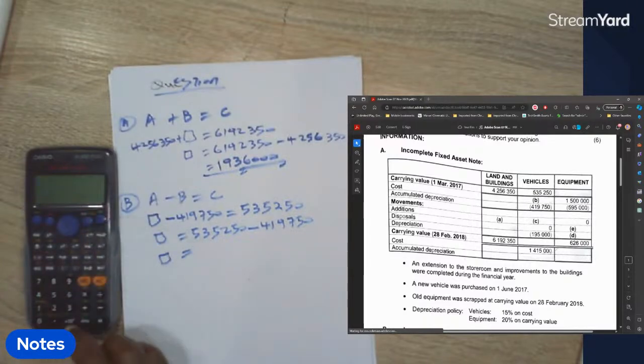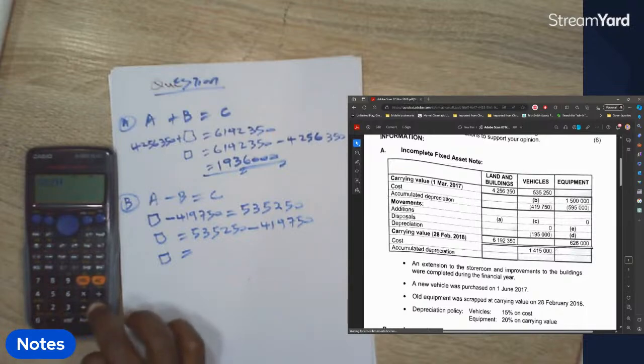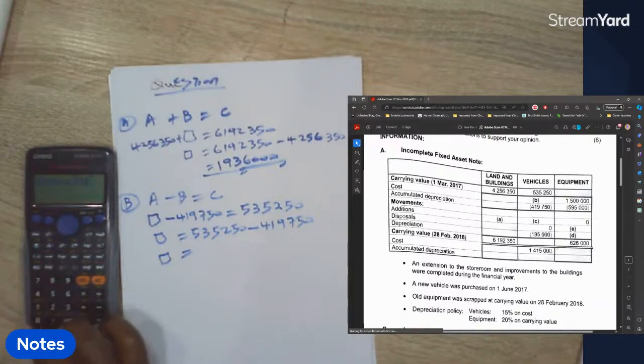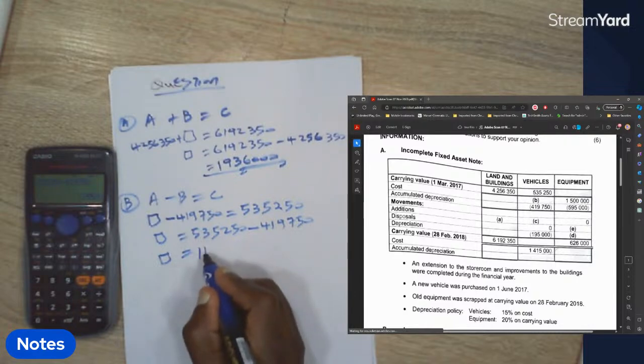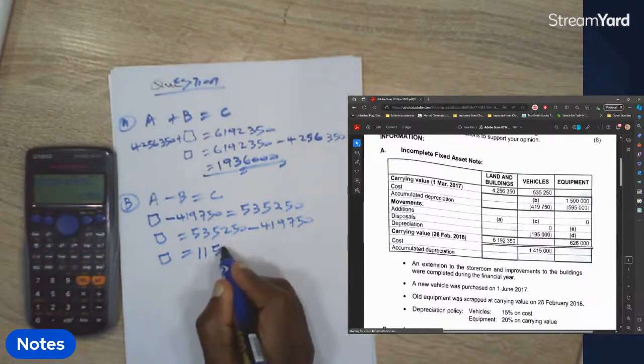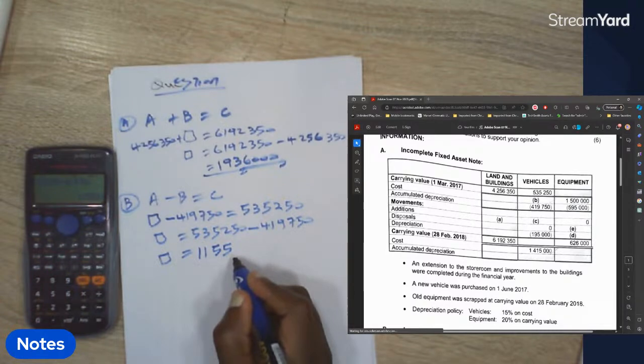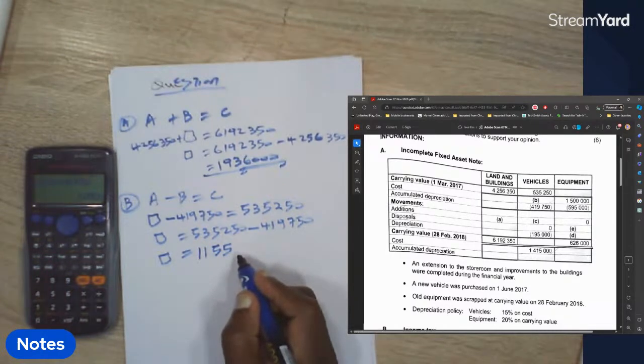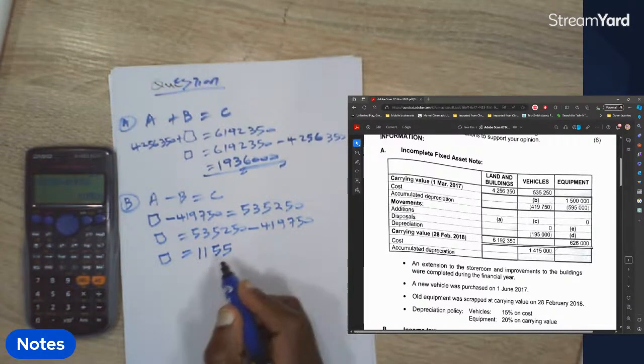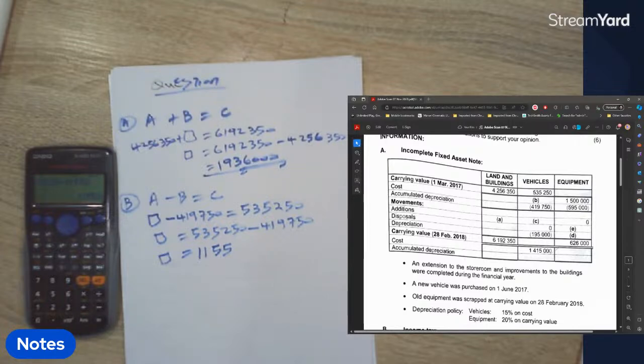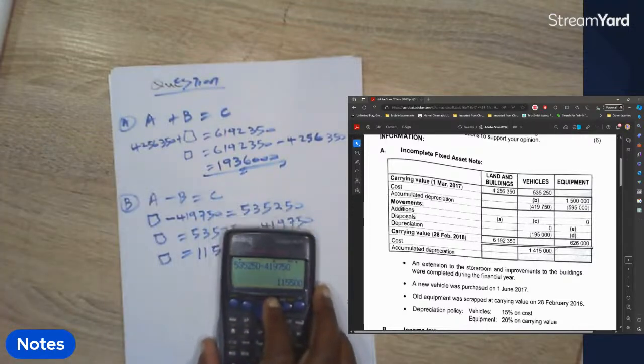So we have 535,250 minus 419,750. So that's answer A, it's 1155. Sorry. Let's check the answer there.